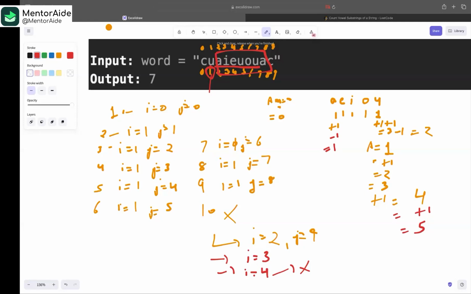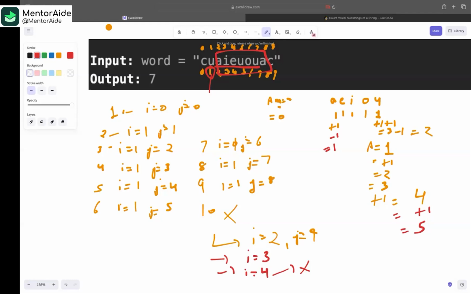What issue are we facing in this solution, which we are trying to do with the sliding window? What is the main issue we are not able to solve? We are missing certain solutions because of this branching. And what is the way to solve this branching? Is there anything?